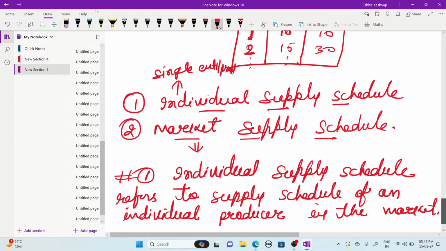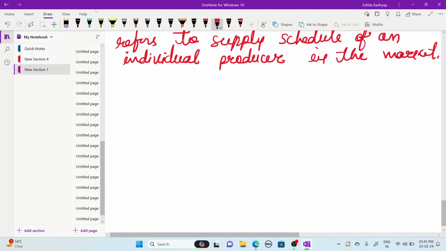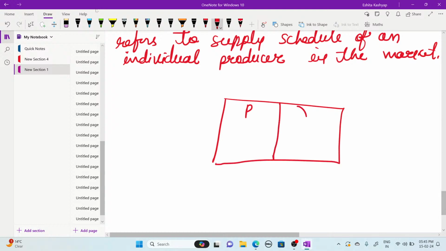So as I told, this shows the relationship between price and quantity. Drawing a table, we can say this is price and this is quantity. Let's suppose producers want to produce at price 5 zero units. That means at price 5, no individual producer will sell, because this price is very low.